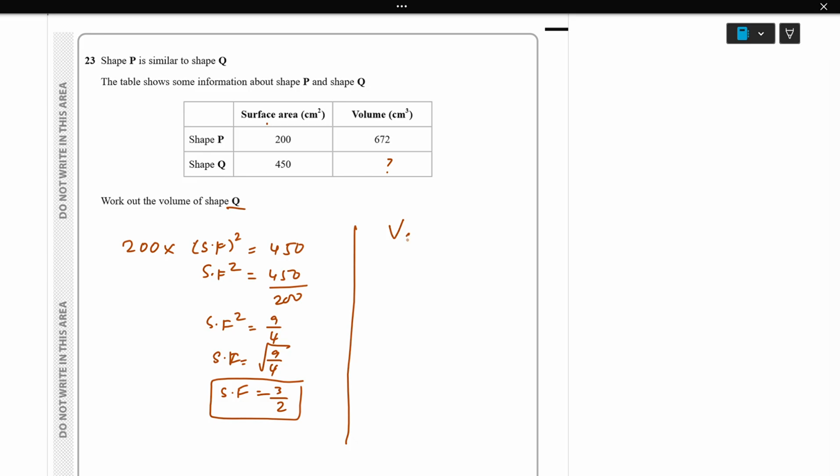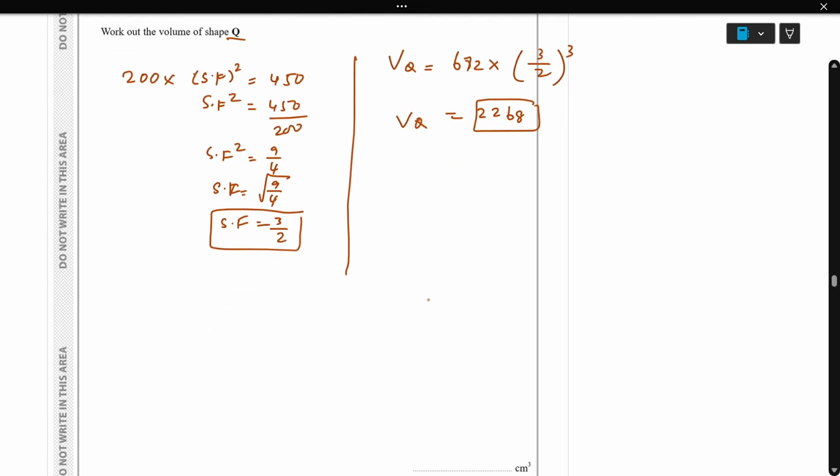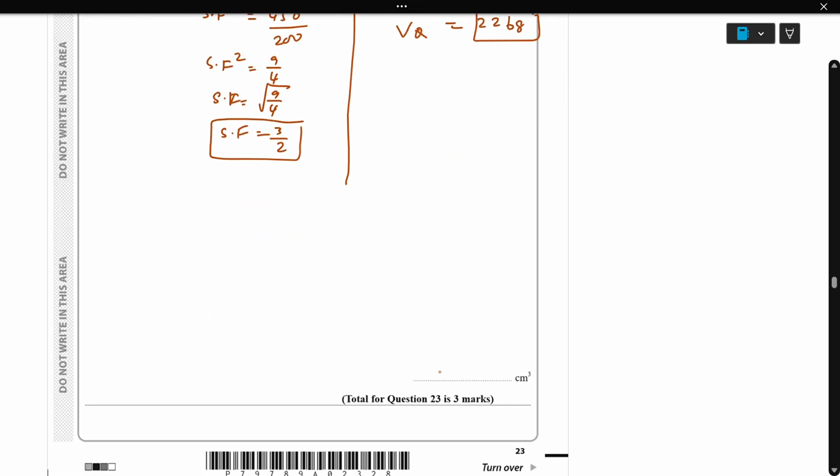So volume of Q equal to 672 times scale factor cubed, which is 3 by 2 whole cubed. So the answer is 2268. That's the final answer. So that is the volume of Q. 2268 is the answer.